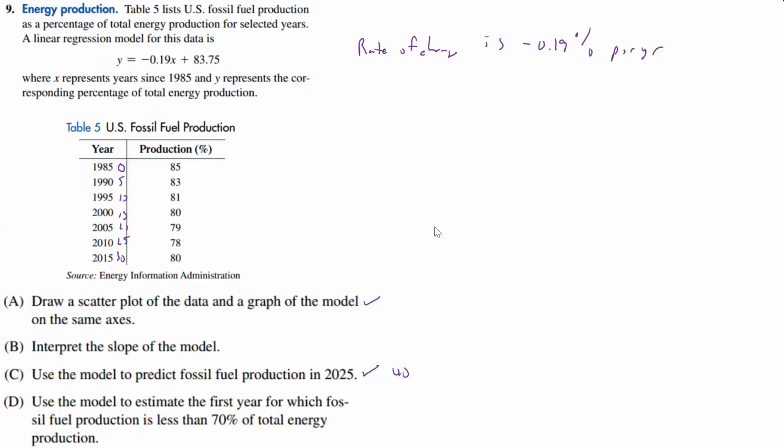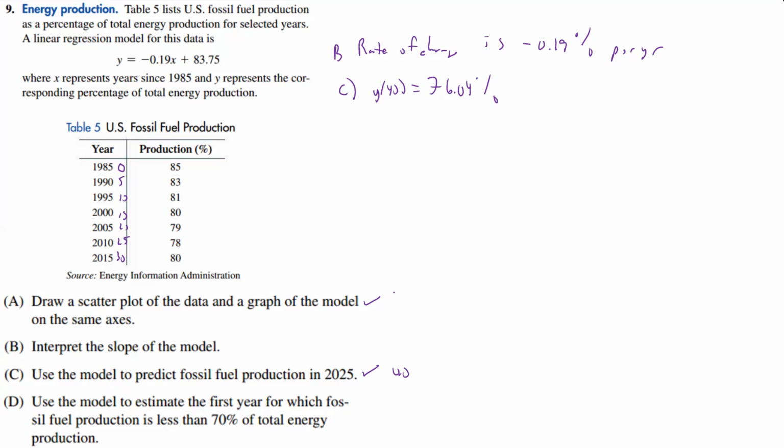That was a rate of change, so that was B, C. What we're basically doing is plugging it in. So Y of 40 is going to be 76.04%. So that's what it was asking for that one.